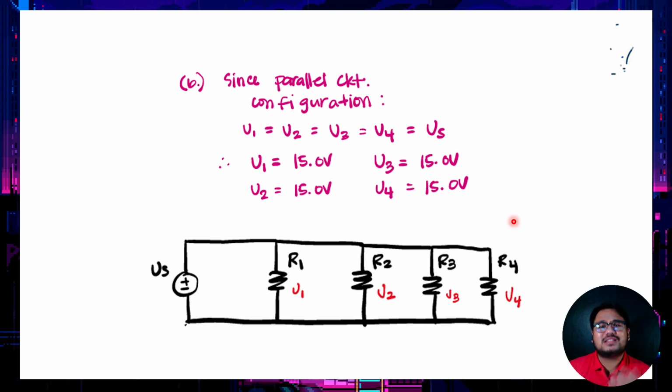Since this is a parallel circuit configuration, whatever the value of the voltage supply will just be equal to the voltage across R1, across R2, across R3, and across R4. So our voltage supply is 15 volts. Hence, our V1, V2, V3, and V4 are just equal to 15 volts.